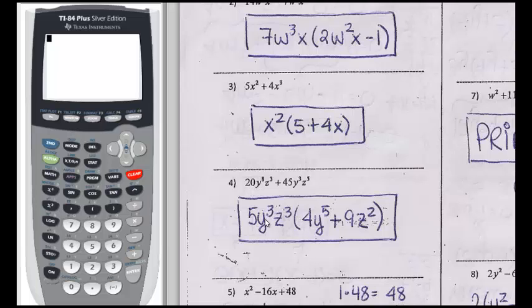Y to the 8th divided by y to the 3rd is y to the 5th. Z cubed divided by z cubed, the z cancels. Then 45 divided by 5 is 9. The y to the 3rd cancels. Z to the 5th divided by z to the 3rd is z squared.